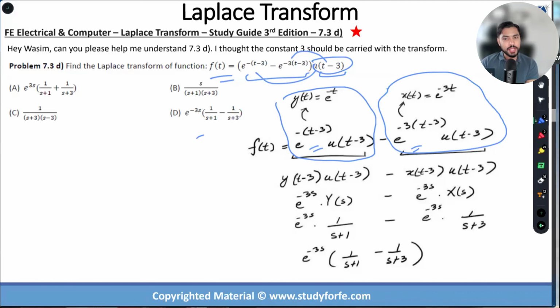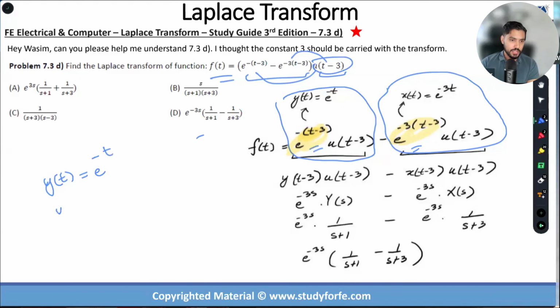Now, if you pay attention to this exponential and this exponential, if I define y of t as e to the power of minus t, do you guys agree then y of t minus 3 will be equal to e to the power of minus (t minus 3)?